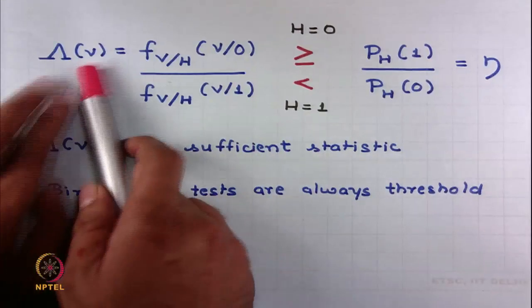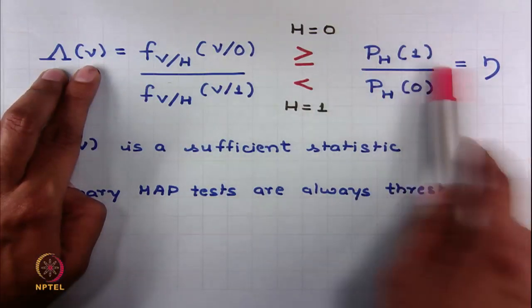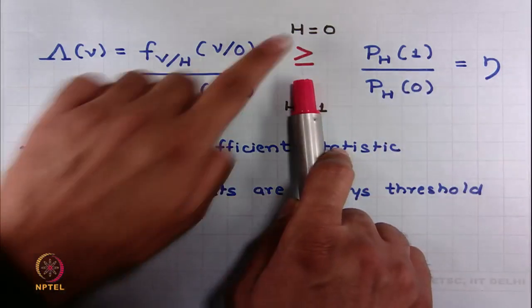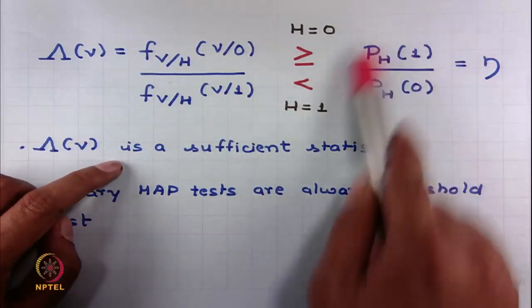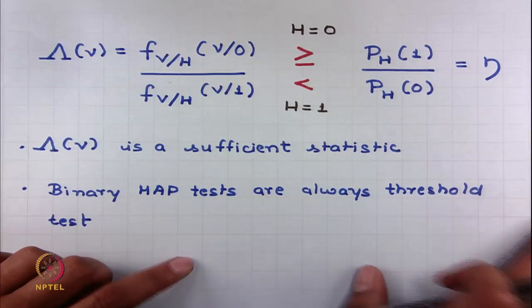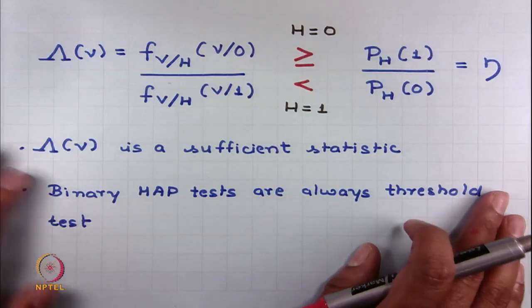So, I am just saying if this likelihood ratio is greater than this ratio, where this ratio I also called as eta, then you choose the hypothesis to be 0, and if this likelihood ratio is smaller than this ratio, then you choose hypothesis to be 1. The idea is same, it is just we are using a different notation, that is it.